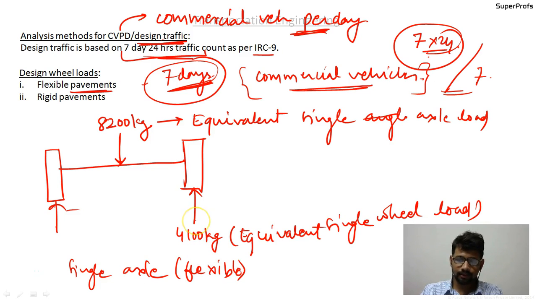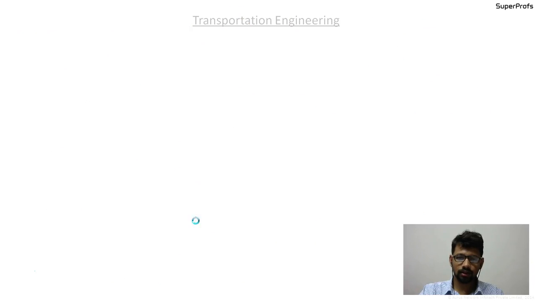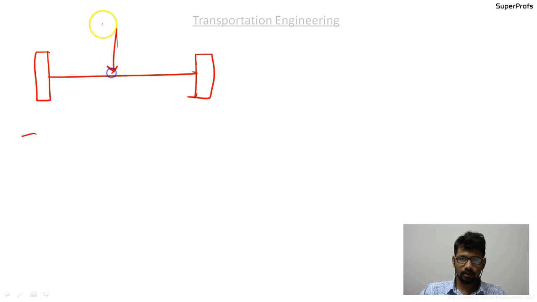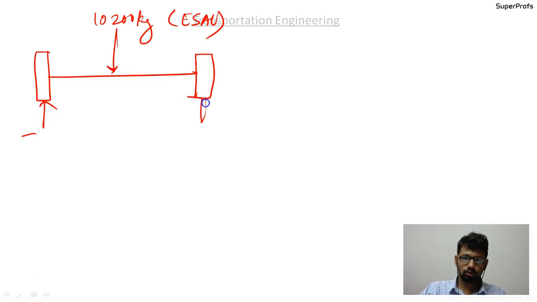Similarly, there is a design wheel load for rigid pavements. For rigid pavement, the equivalent single axle load is 10,200 kg, and the equivalent single wheel load comes out to be 5,100 kg.